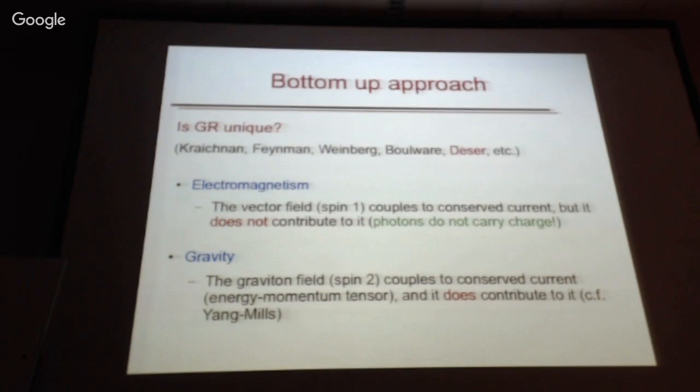Is it really special? This is work that was pioneered by Feynman, Weinberg, Halpern, and Kraichnan. But really, there's a finite statement that is quite nice. For electromagnetism, the vector field, the gauge field, which is a spin one particle, doesn't couple to itself.